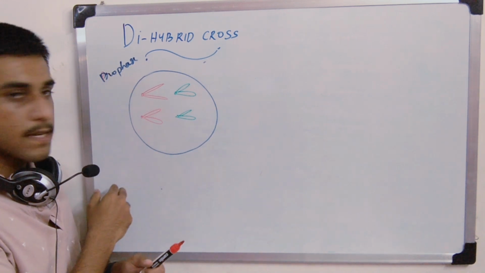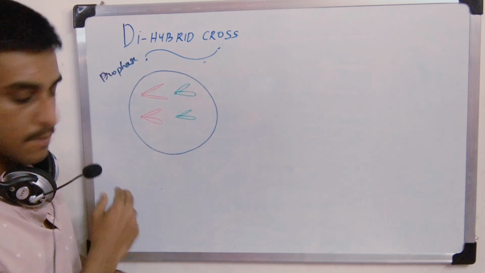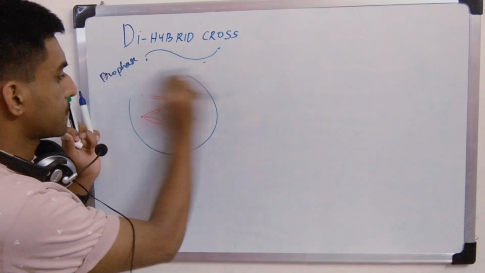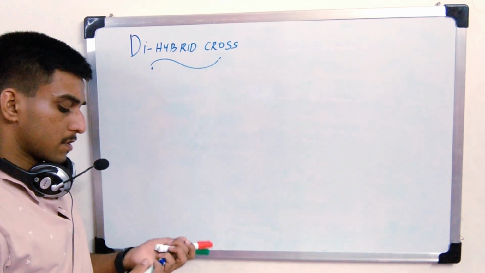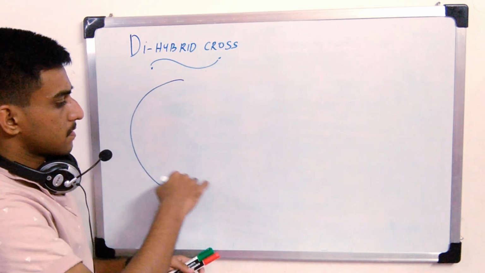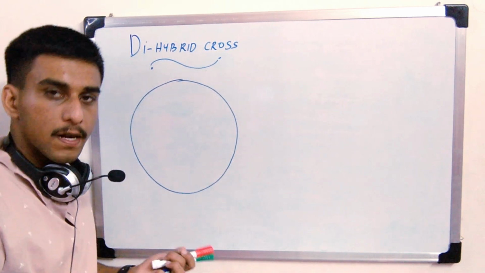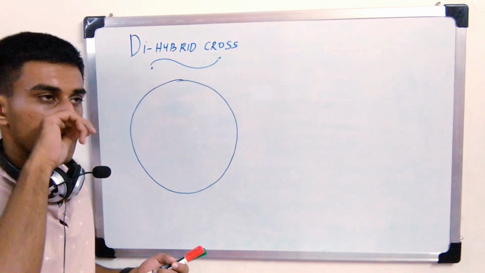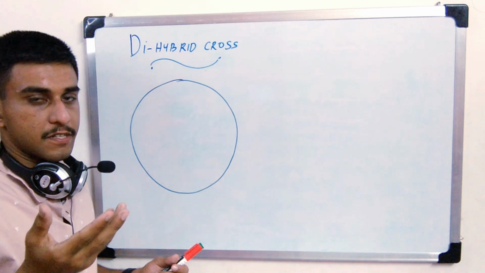So here I am considering a cell at prophase. I think I should draw it very large, because it may not be visible on the board. I will draw it much larger. A large cell, okay? So here we are going to understand the gametogenesis, the gamete formation or the meiosis, in the F1 generation.